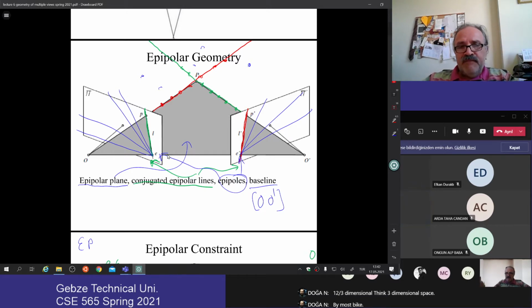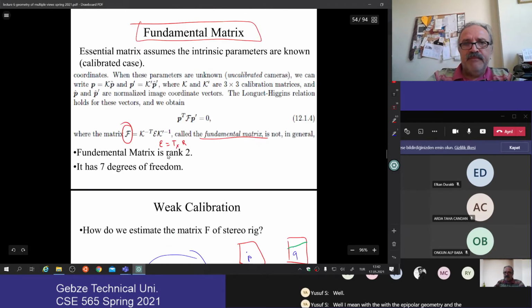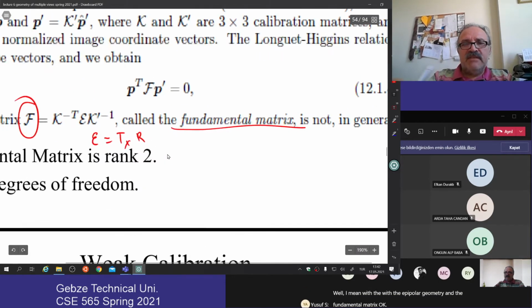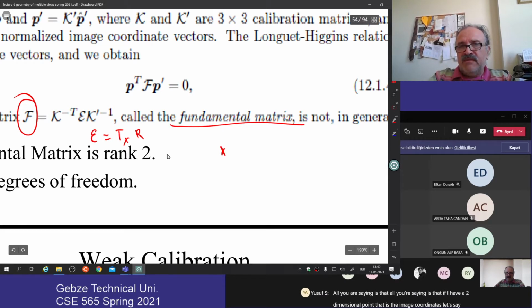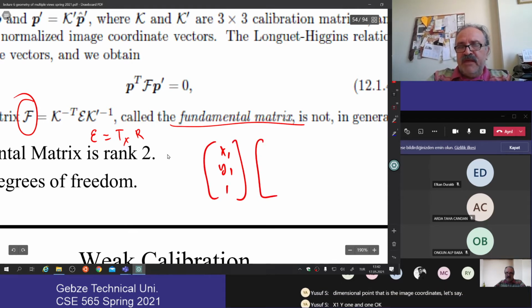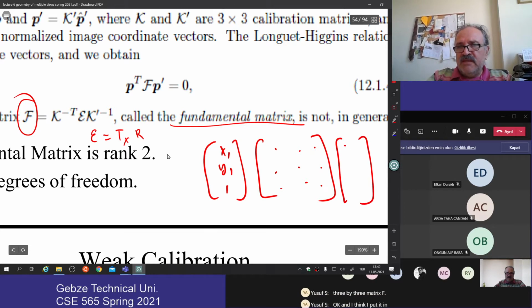Well, with the epipolar geometry and the fundamental matrix, all you are saying is that if I have a two-dimensional point, that is the image coordinates, let's say x1, y1, and 1, I multiply it with this 9-element 3x3 matrix F, and this is x2, y2, and 1.